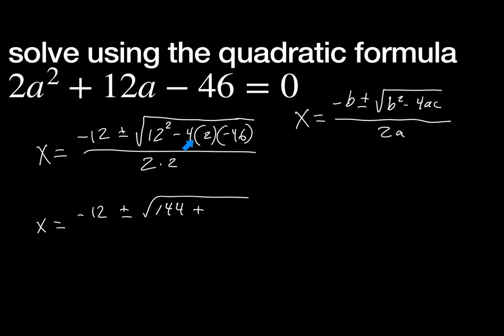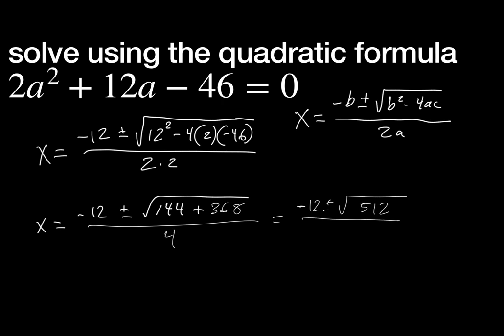So it'll be 144 plus whatever that is. What is 46 times 2 times 4? 368. All over 4. Negative 12 plus or minus the square root of, and what's that number? 512. All over 4.